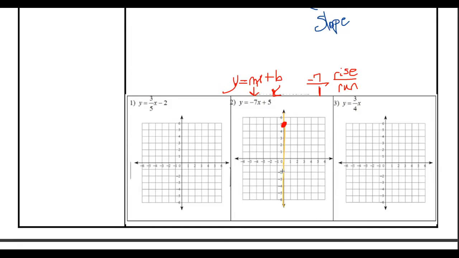But I'm not going to put a point right there. I'm just hovering right now at this location. And now I use my second number, which is the 1. It tells me to run 1 space. That means go across either left or right. Since it's positive, that means go to the right and put a point.